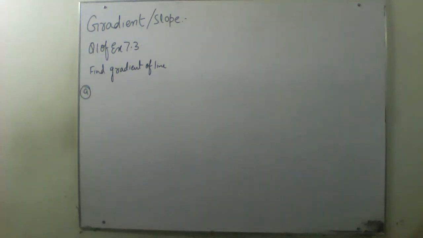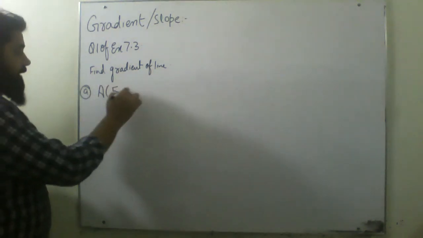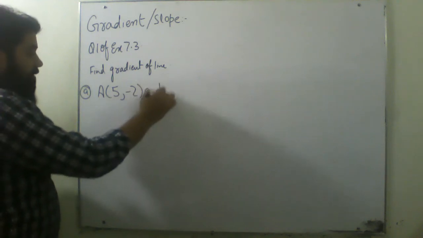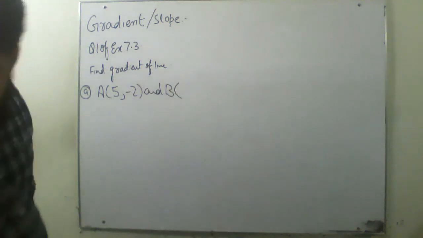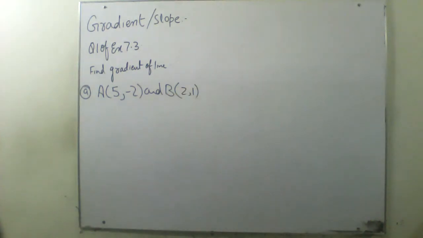So what are the coordinates given to me? First one is, A part, A (5, -2) and B (2, 1). Okay, this is given to me.